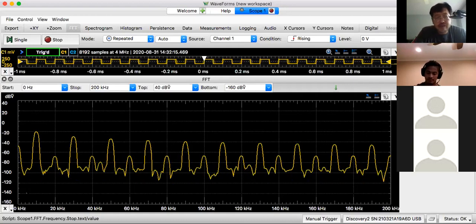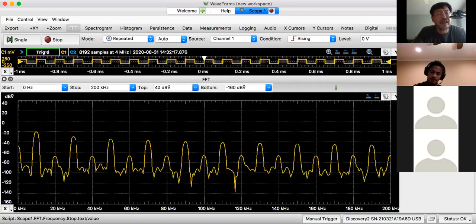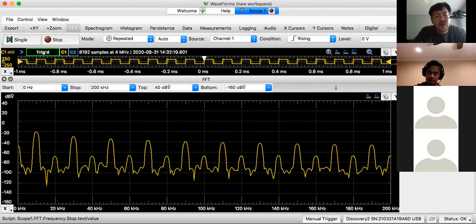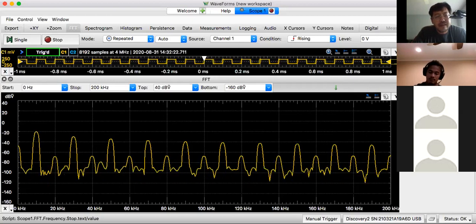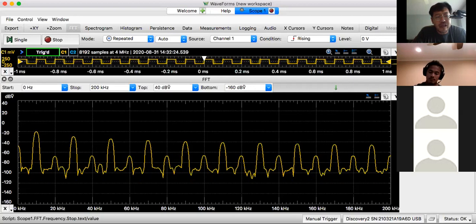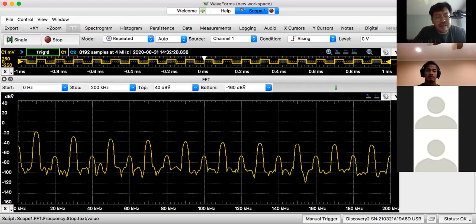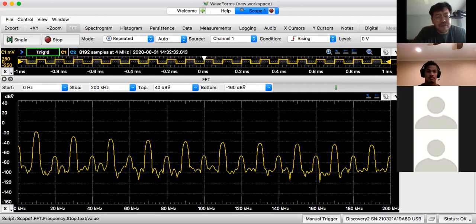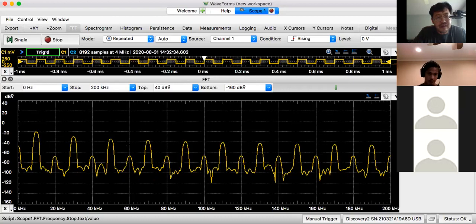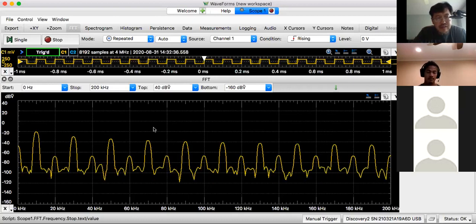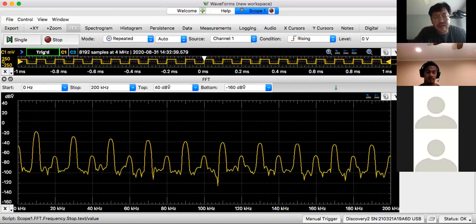What do we call those multiple frequencies? We call it harmonics. So a square has, this is called first order harmonic, second order harmonic, third order harmonic, fourth order, fifth order, sixth order, seventh order.